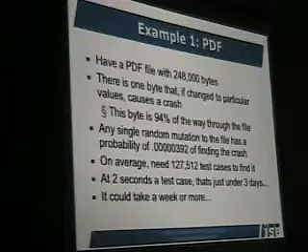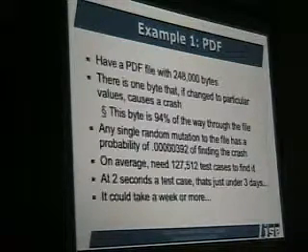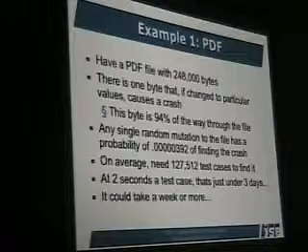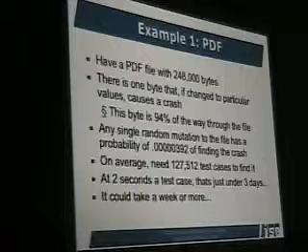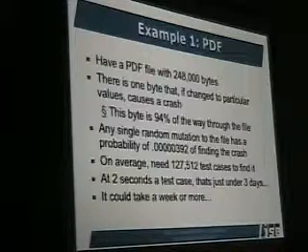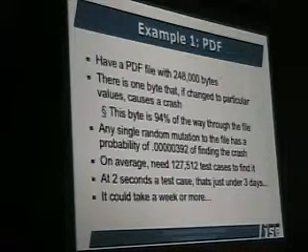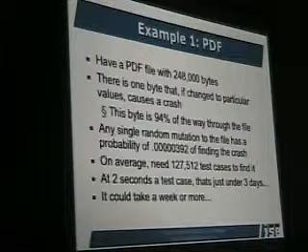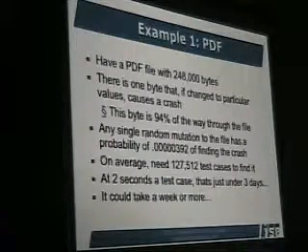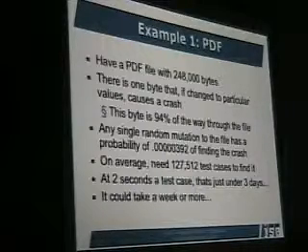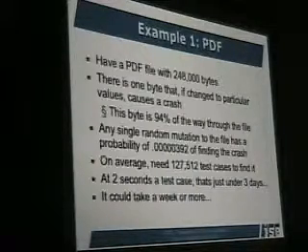So if you do the math, you figure out that there's a very, very low probability of any particular test case finding this bug. And if you do some more math, you figure out, basically on average, you're going to have to send in 127,000 test cases before you'll find this guy. And if you use FileFuzz, for example, which generally sends test cases in at about one a second, that's basically 3 days.